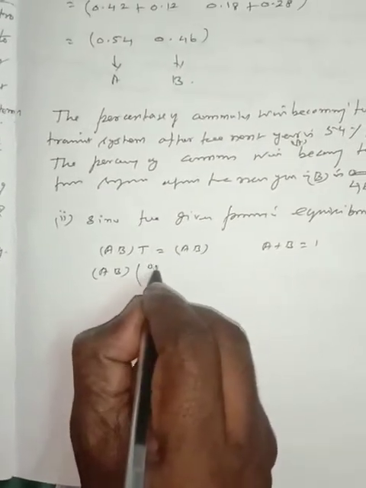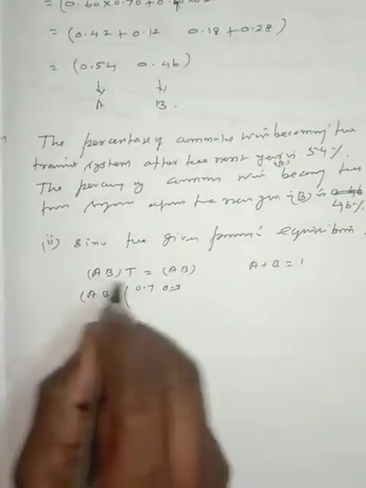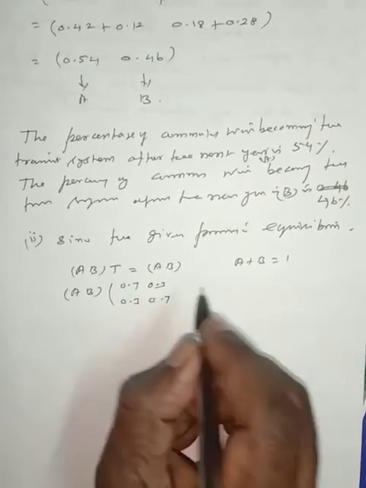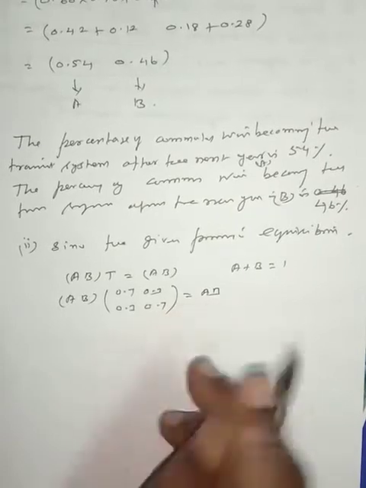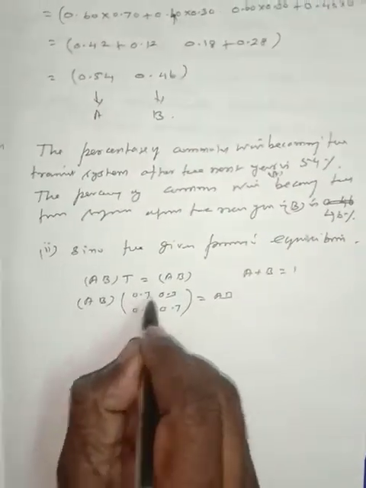Okay. Now AB times the matrix 0.7, 0.3, 0.3, 0.7 is equal to AB.